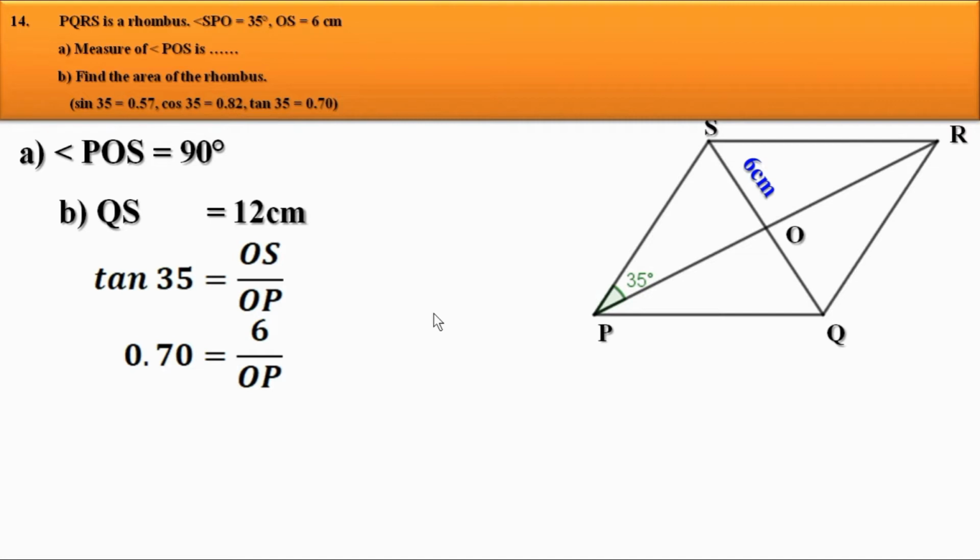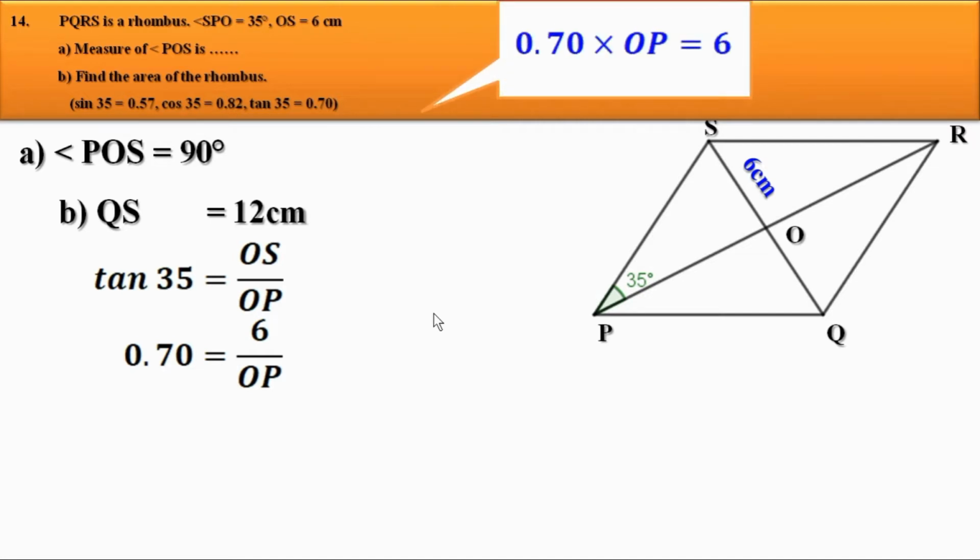Now take OP on the other side and we can write 0.70 into OP equal to 6. Now take 0.70 on the other side. So we can write OP equal to 6 by 0.70. Now 0.70 equal to 0.7. So let me write OP equal to 6 by 0.7.